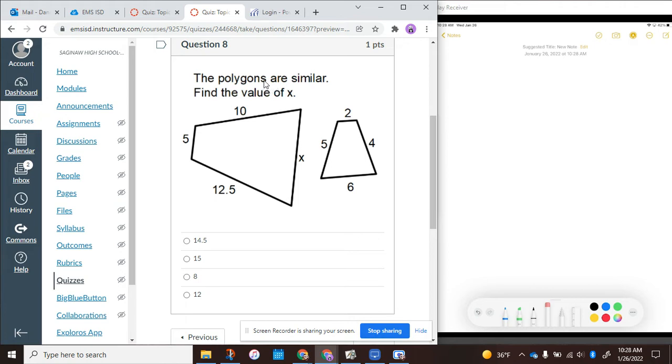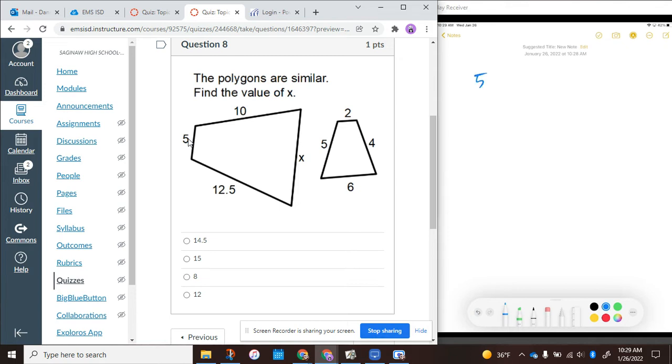There is a scale factor that relates the side lengths of the smaller one to the side lengths of the larger one. And what happens is if you have a length of 5 right here and a length of 2 right here, there is a number that you can multiply to get from this 2 to this 5. And you can set it up as a proportion to find what that scale factor is. That's what we did in the notes. That's what we're going to do right now.